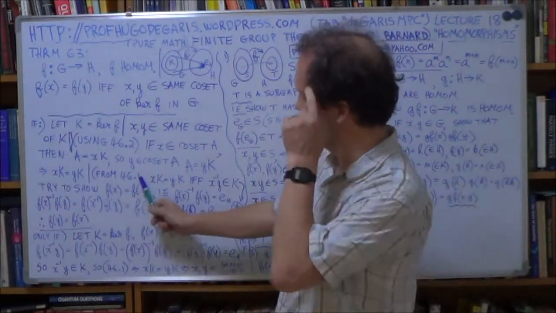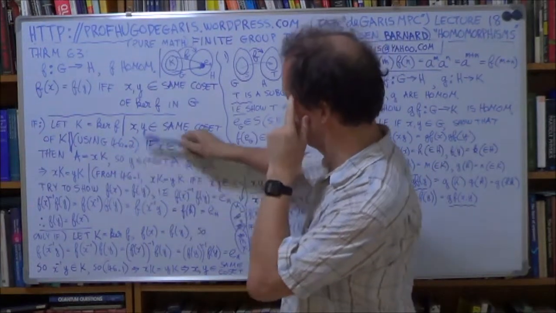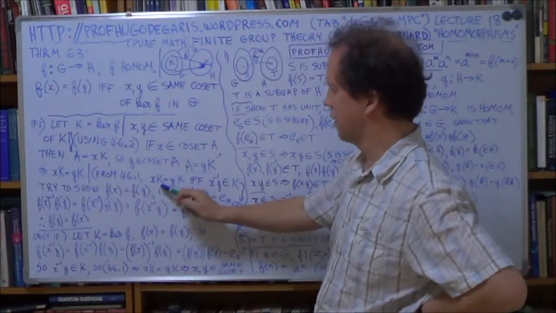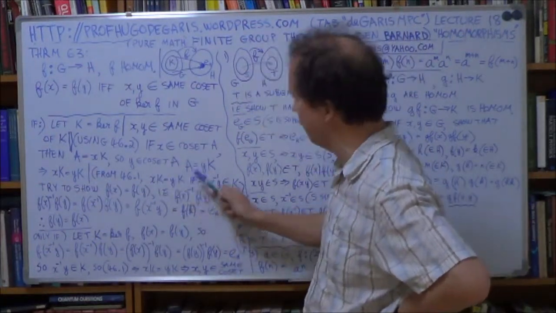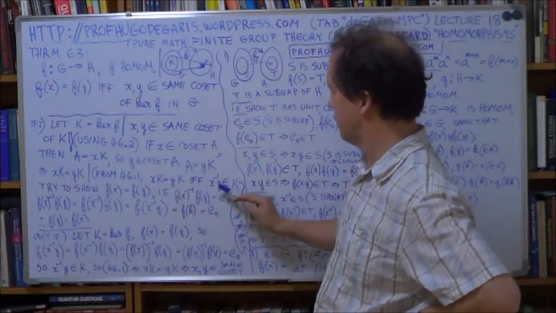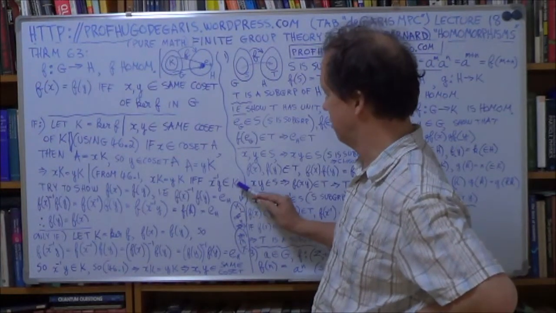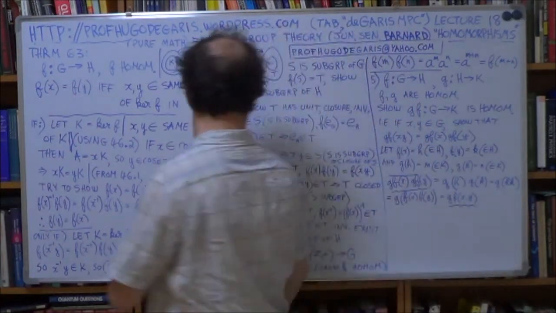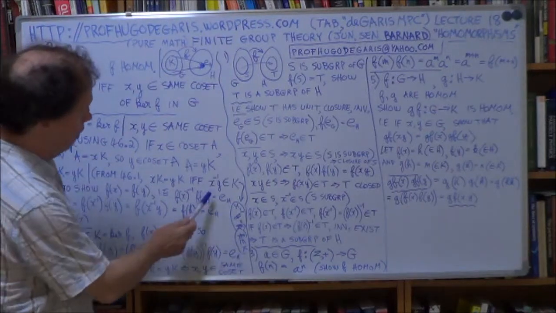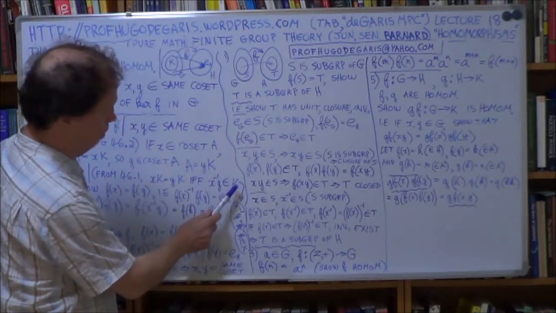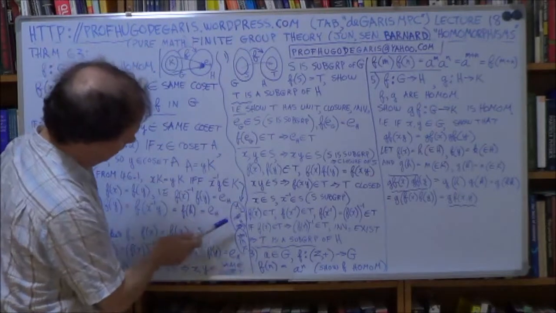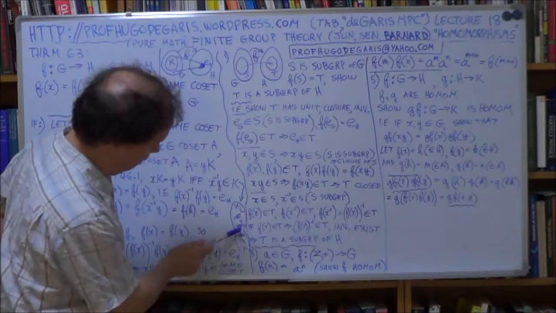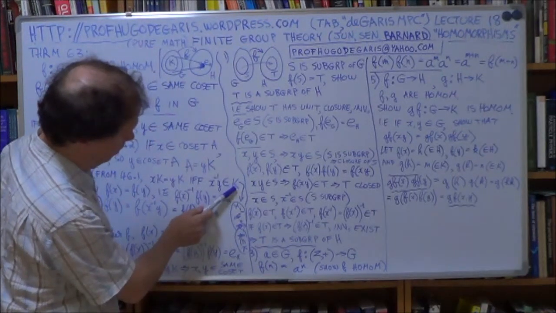Now, from the first part of 46, this was from the second part, this is from the first part: if xK equals yK, then xK equals yK if and only if x inverse y belongs to your normal subgroup, in this case K. Now I've written down here on the side, if x inverse y belongs to your kernel K, then that means x inverse y must be equal to some little k that belongs to your kernel.